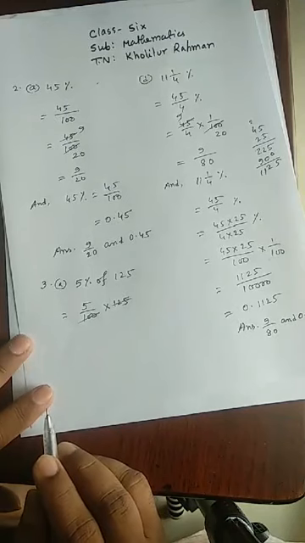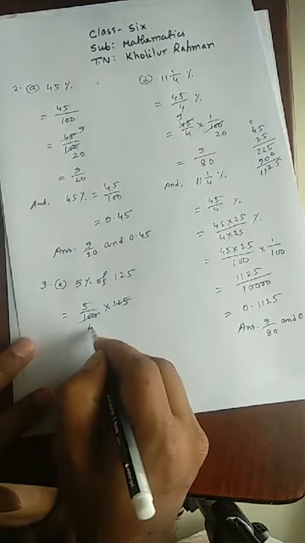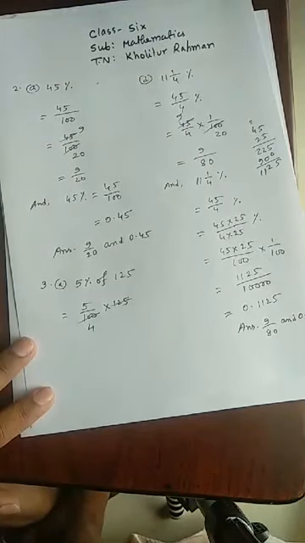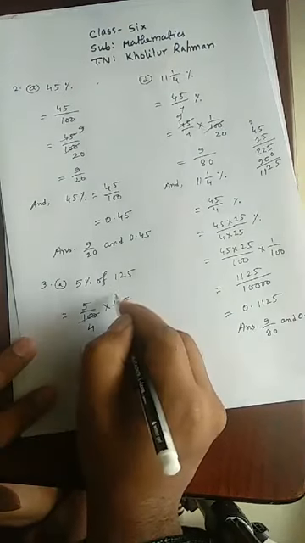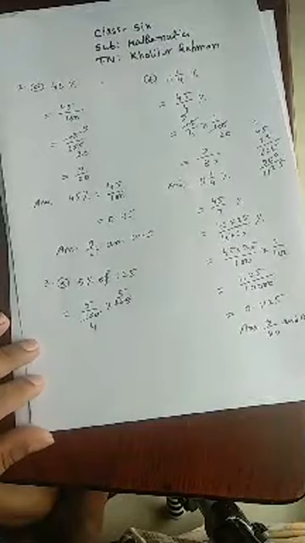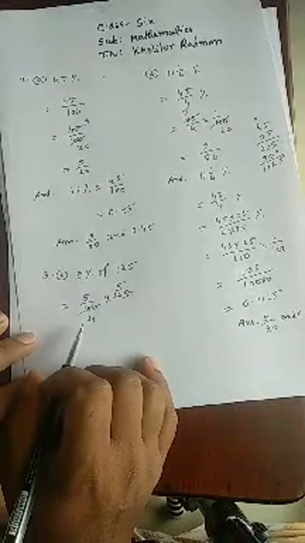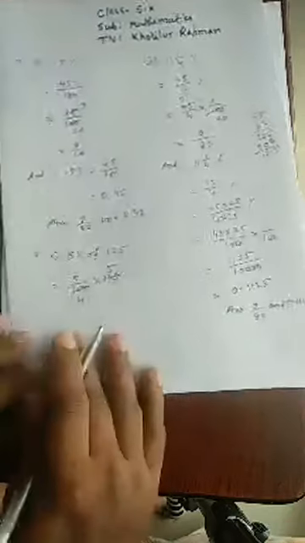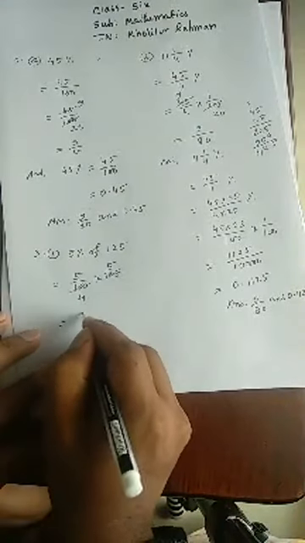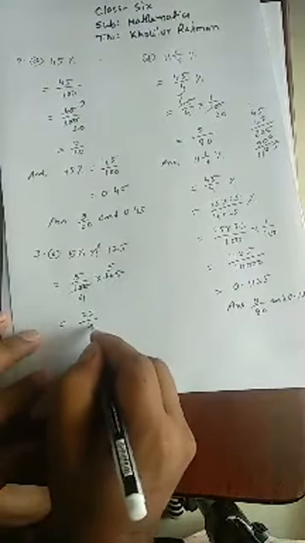If I cut it, 25, 25 4s are 100. You see 5 25s is 125 and 5 4s is 100. Now you multiply it. 5 5s is 25 by 4.